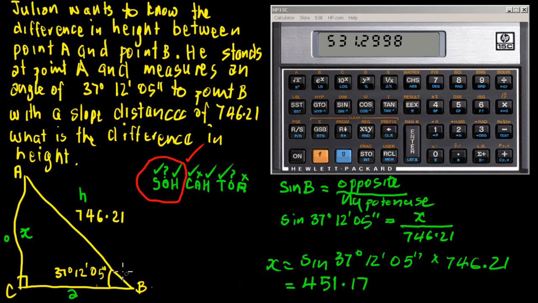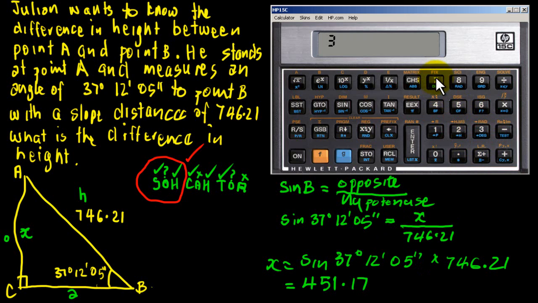Sine, so the sine of angle B equals the opposite over the hypotenuse, and so that's sine 37 degrees 12 minutes 05 equals x, which was the opposite, over the hypotenuse 746.21, and then we can multiply both sides by 746.21, and that'll give us x equals sine 37 degrees 12 minutes 05 times 746.21. So now off to our HP 15C for a look at how we're going to deal with that.